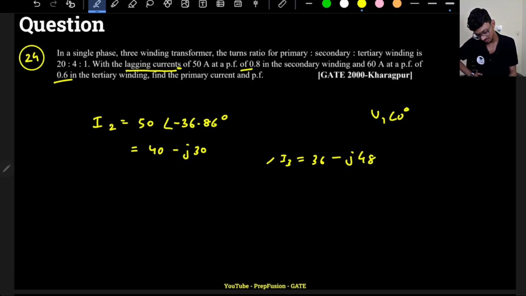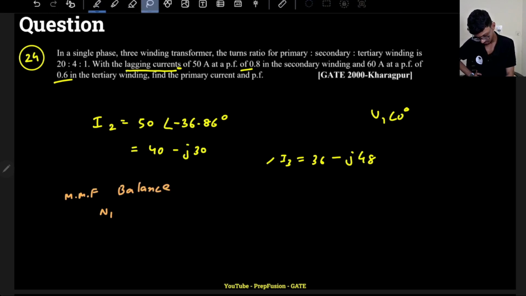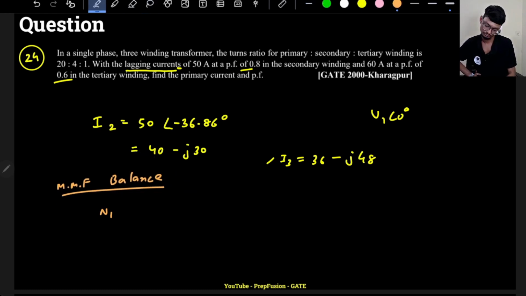And then I will simply apply the MMF balance equation. It will be N1 into I1 equals N2 into I2 plus N3 into I3.